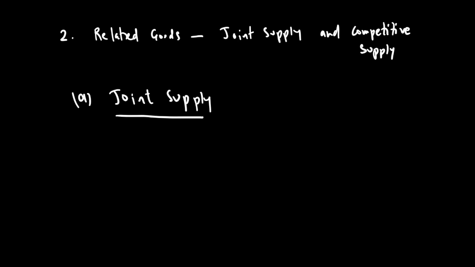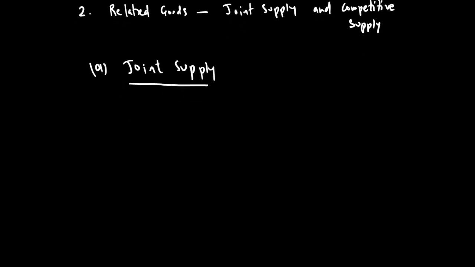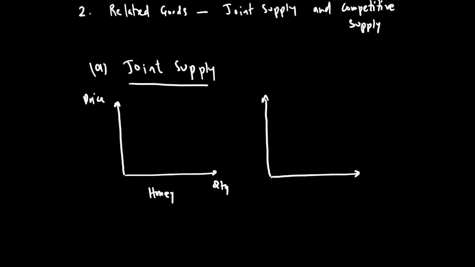Let's see this in terms of a supply diagram. So let's say this is the market for bees honey, and this is the market for bees wax.